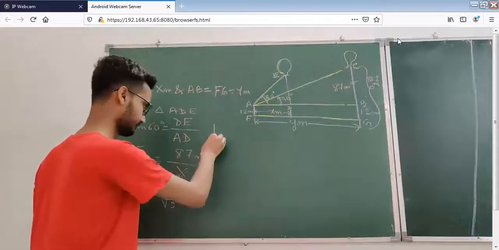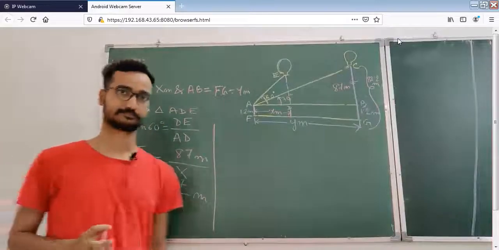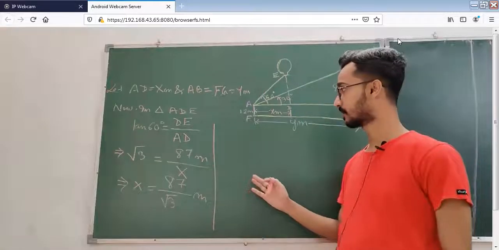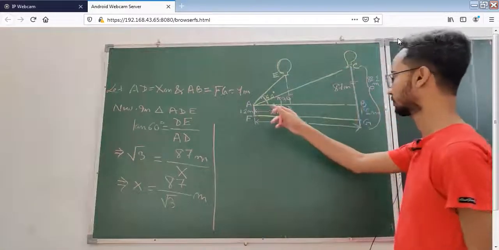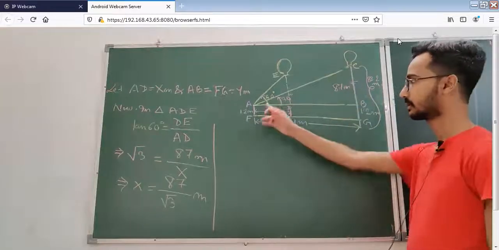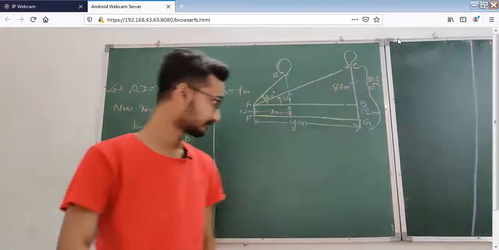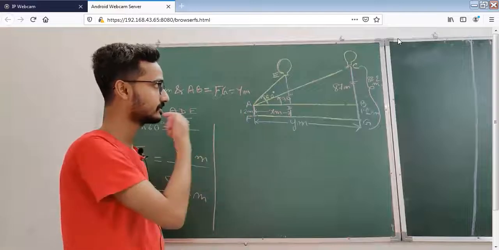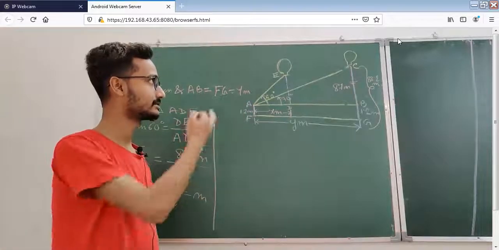Up to this clear? Yes or no? Now take this triangle ABC. All of you take this triangle ABC, and if you take tan 30 degree, now see in this triangle ABC your perpendicular is BC, AB is your base, and AC is your hypotenuse.